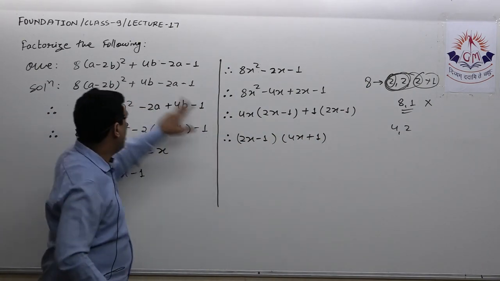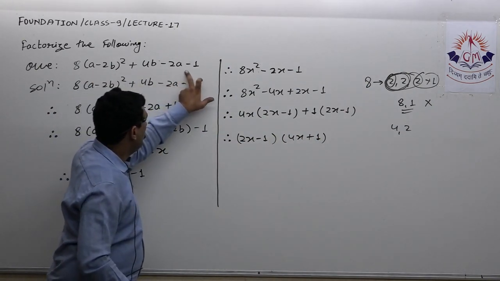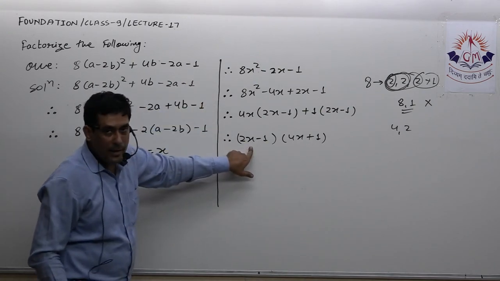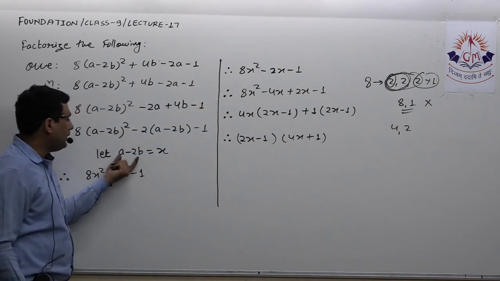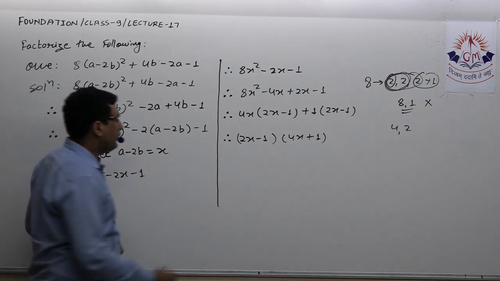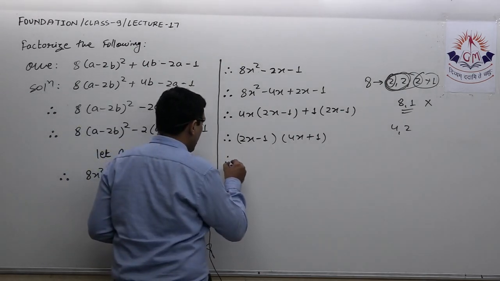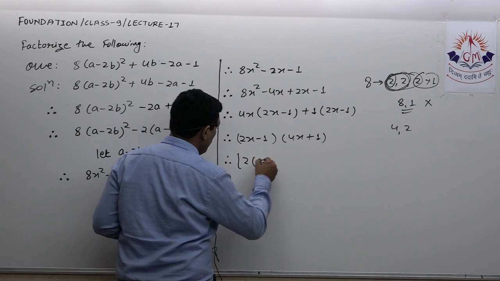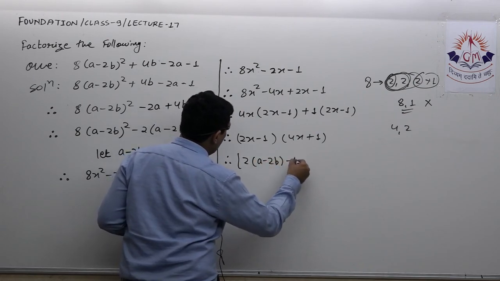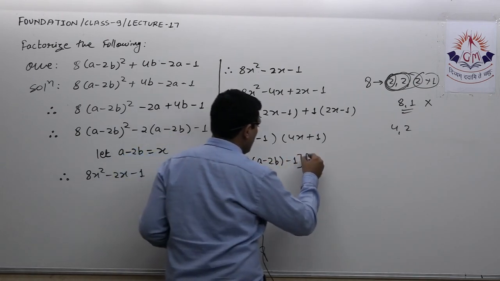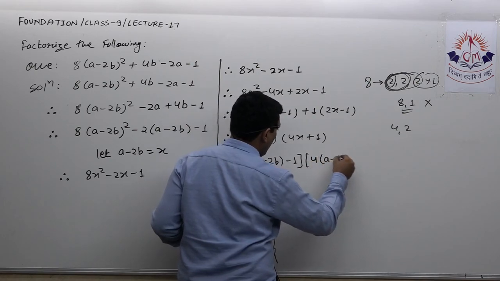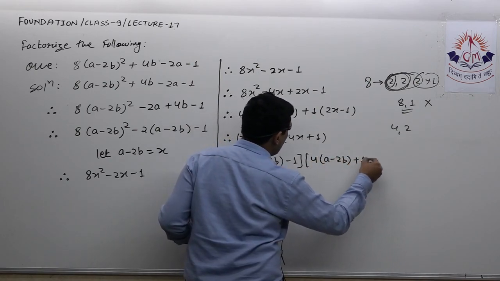Why? Because the expression that we have to factorize does not contain x. What is x? X I assumed as a minus 2b. So I put the value of x. So 2 into a minus 2b minus 1, and over here 4 into a minus 2b plus 1.